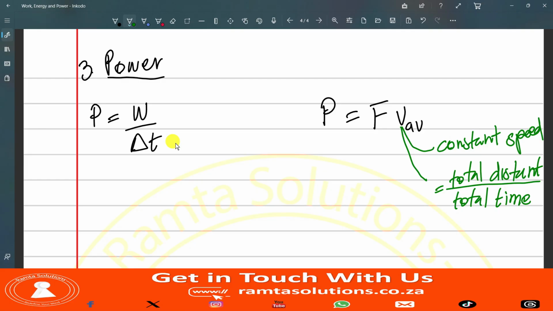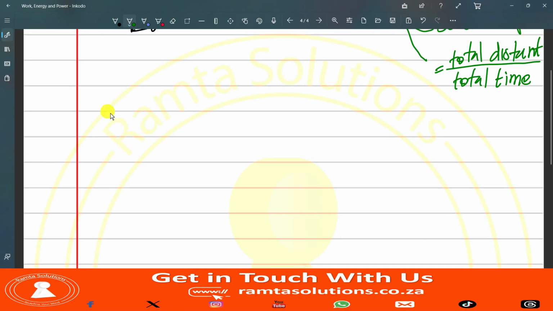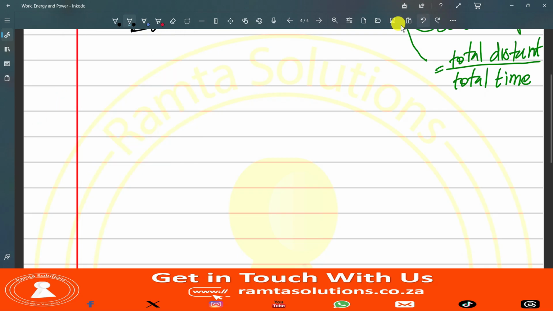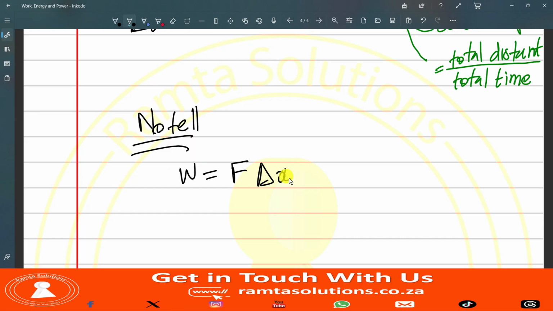Now, I want to add a point here. Let me go back to my normal color. Remember, we said work equals F delta X cos theta.